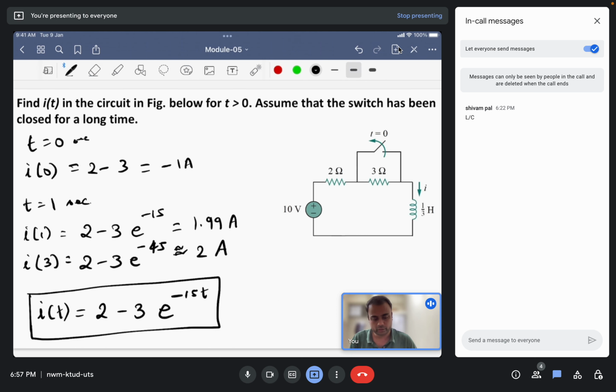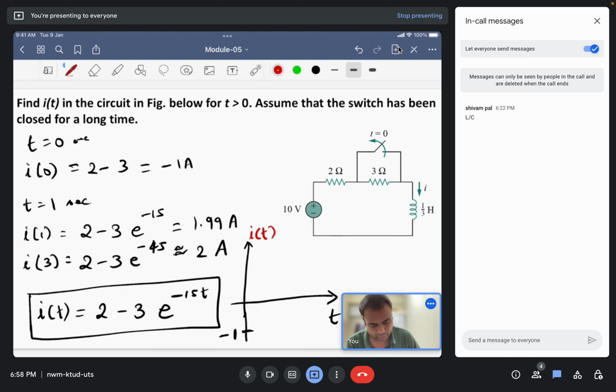Now let us draw the waveform for this circuit. At time t equals 0, this was a negative current of minus 1 ampere. Along the y-axis we are representing current i(t). So this was minus 1 ampere, and at 1 second this was 1.99.